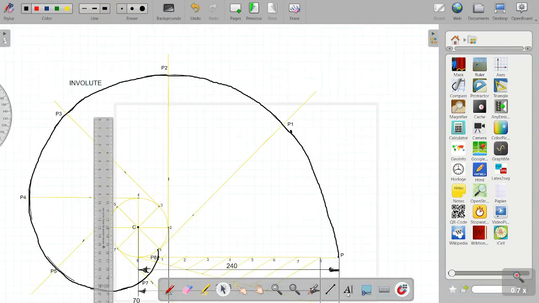So let me name this point as M. Then as per our regular procedure, we will join this point M with the center. And then divide this line CM into two equal parts by using the line bisector method. So I will keep the compass at point C, taking a distance more than half of this line.